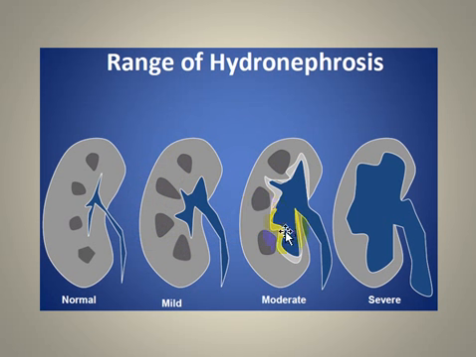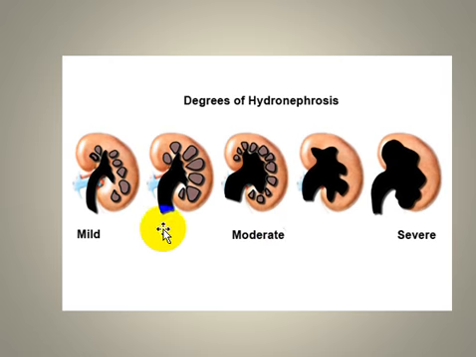Here there is some calyceal dilatation, and in the severe cases, there is calyceal dilatation associated with cortical loss. In the moderate hydronephrosis, there is no cortical loss noted. It is the same here. This is the mild hydronephrosis with dilatation of the pelvicalyceal system, and here there is moderate and severe hydronephrosis associated with cortical loss.